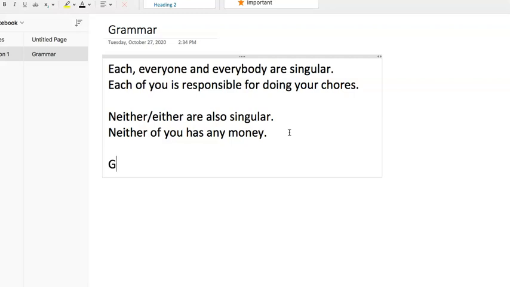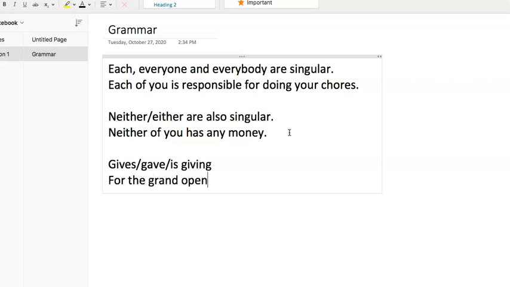Okay, what about these? Gives, gave, is giving. As far as understanding, gives and is giving are both present verbs. Gave is past tense. So let's look at an example. All right.